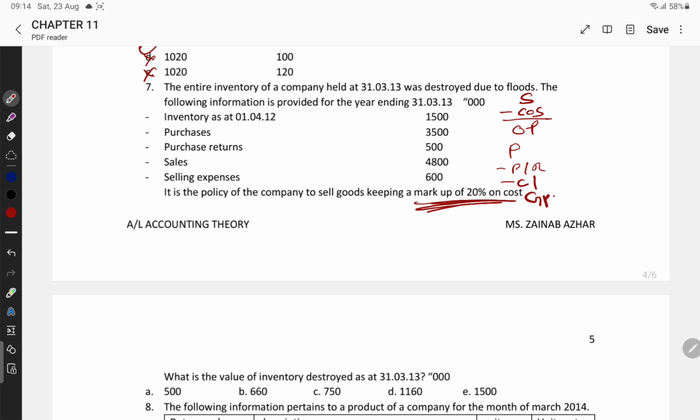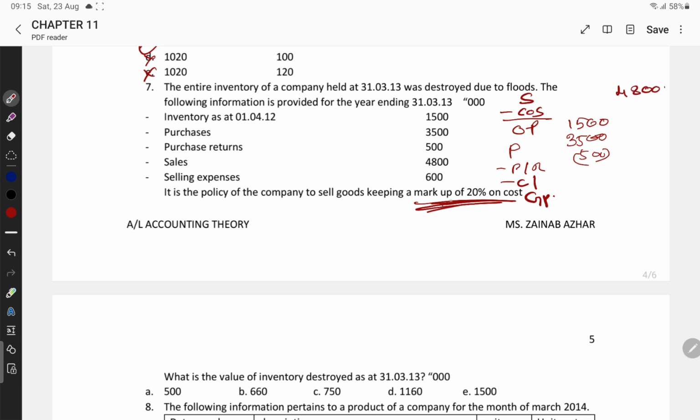Entire inventory was sold. So our opening inventory is 1500, purchases is 3500, purchase return is 500, then sales is 4800, selling expenses goes to your distribution expense.